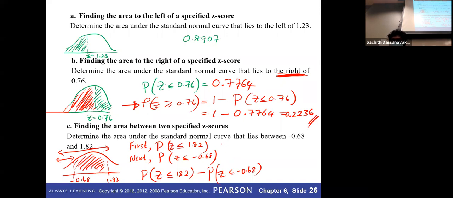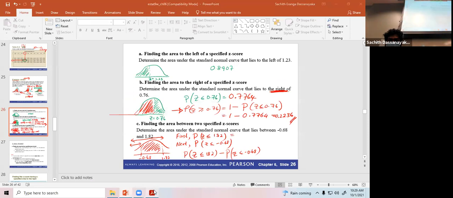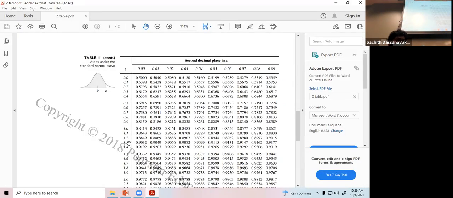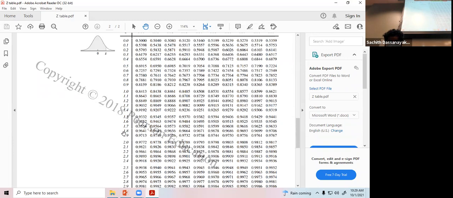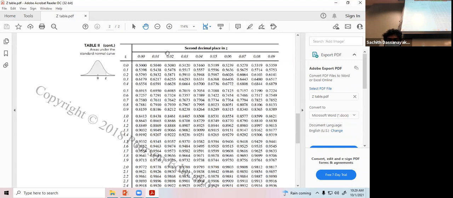So this is how you find this. Let me do this for you. This value you can find, okay, 1.82. Remember that value. Positive 1.82. So 1.8 here in this row, and 0.02 means this column.